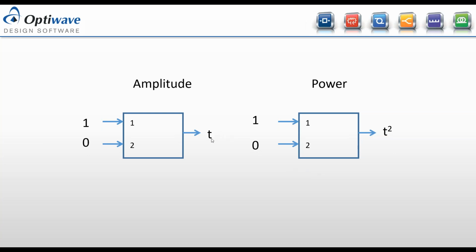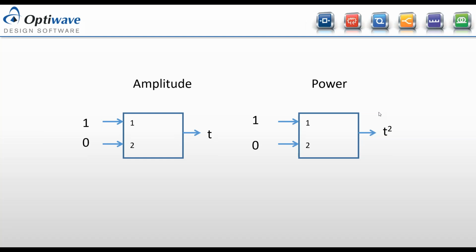T would represent an amplitude, so T would represent either an electric field or a magnetic field. And 1 represents setting the electric field or the magnetic field to 1, and 0, no field. And on the power side of things, everything is just squared. So there's unit power going in port 1, no power going in port 2. And if that's true, then the power out must be T squared, or, well, more precisely, the modulus T squared.